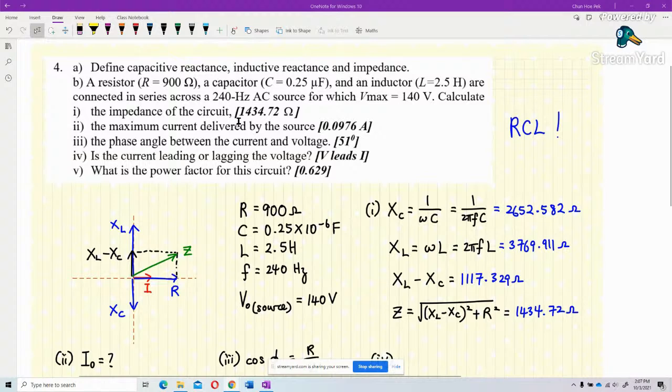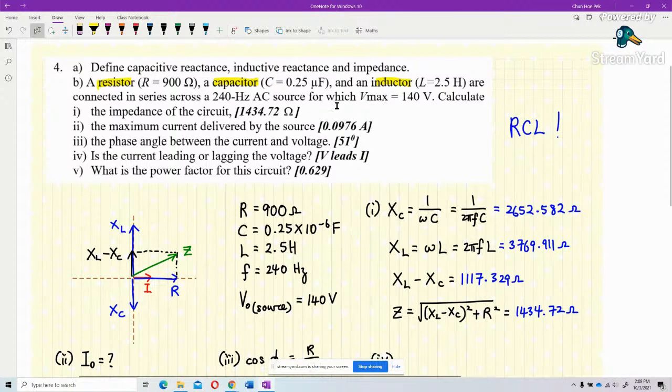First of all, we must identify what kind of components are included in this circuit. We have a resistor, a capacitor, and an inductor. So it is an RCL circuit. Okay, that's good. Thanks for your response.